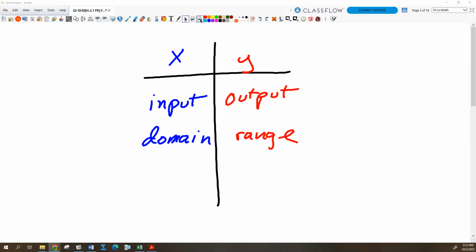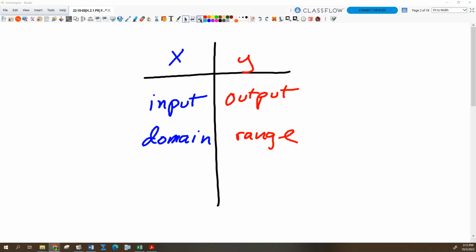The domain is the set of all the inputs or x's, and the range is the set of all the outputs or y's. How do you keep all that straight? Here's a really simple way. Notice that all of the blue concepts, compared to the red concepts, come up alphabetically prior to the red ones. If we look at each of these two quantities and alphabetize them. Can't say anything today for some reason.